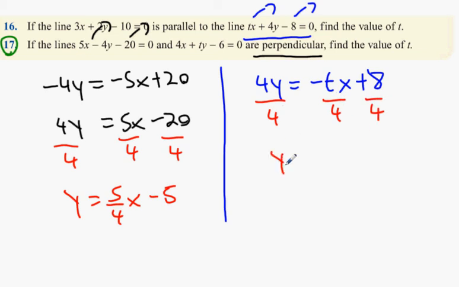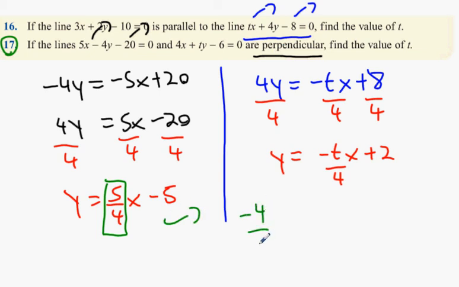Y equals minus t over 4 x plus 2. Now, which slope do we definitely know? We definitely know that the first slope is 5 over 4. Would you agree with that? This means that if they're perpendicular, the second slope must be minus 4 over 5. Do you agree with that?